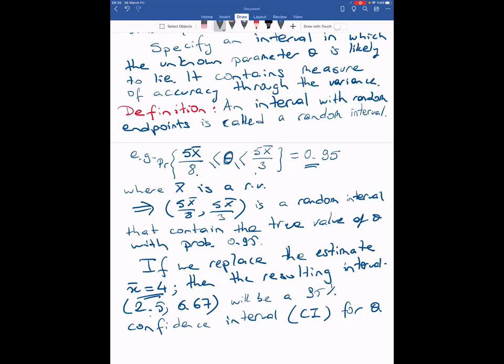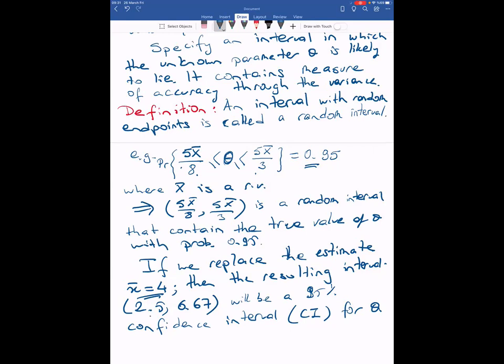But we know that for any random variable, this probability has to be satisfied. So then we are saying that this is not a 95% probability, it's a 95% confidence. So we are 95% confident that our range 2.5 to 6.67 may contain our unknown parameter theta.